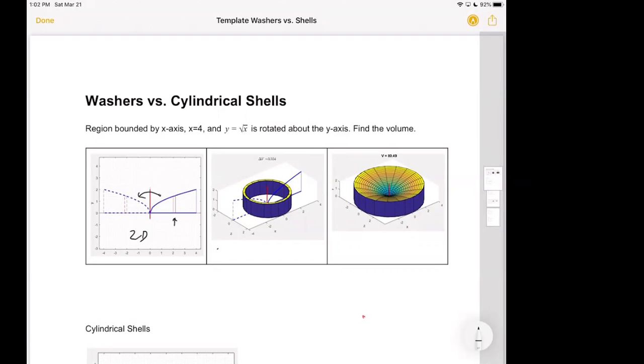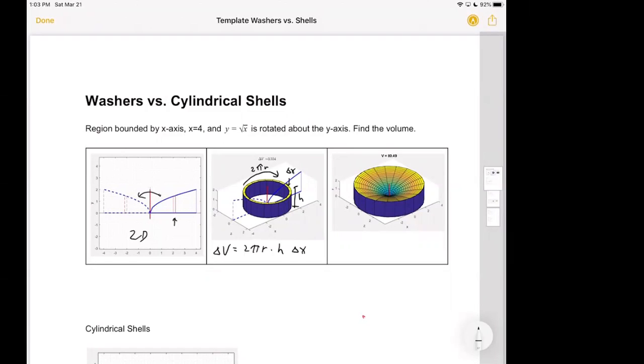And hopefully you've memorized the formula for cylindrical shells, that the volume would be 2 pi r times the height times delta x if it's a vertically aligned shell, because one dimension is that it's delta x thick. The 2 pi r comes from going all the way around the circumference, and the height of the shell is the third dimension.